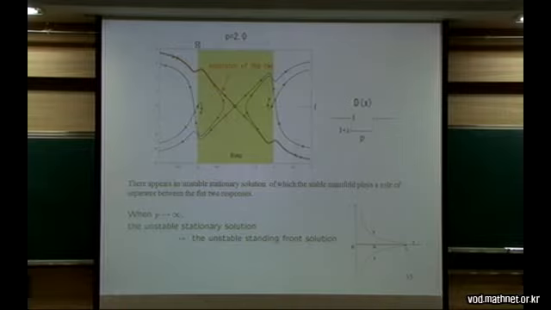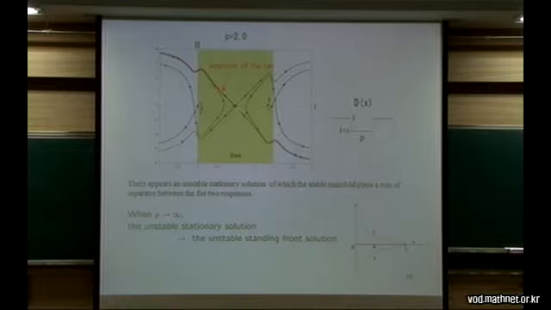So here is P equals 2.1. The length of the bump is very large. Here is a saddle point.